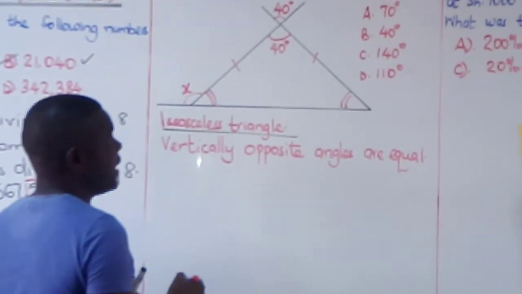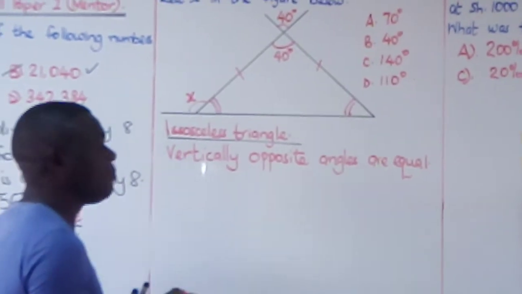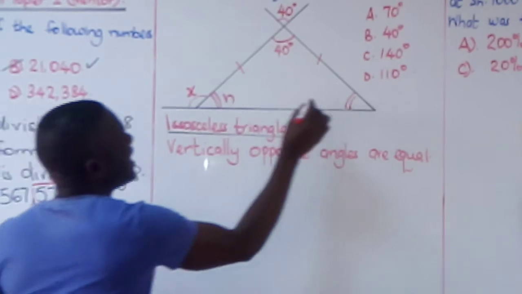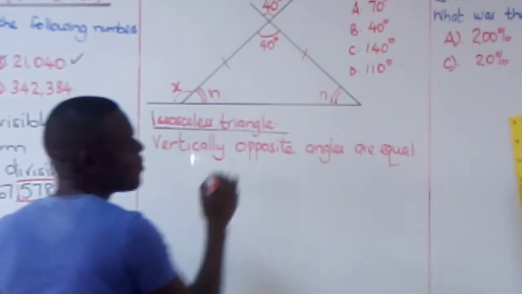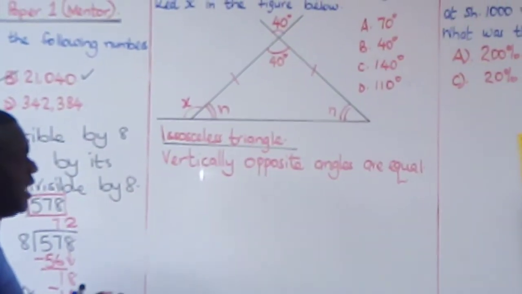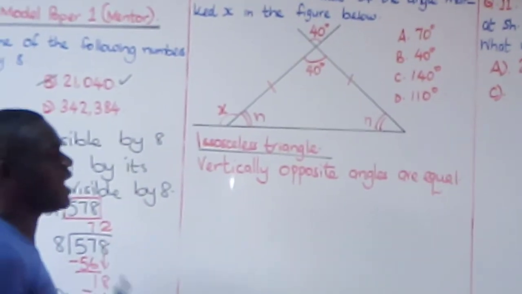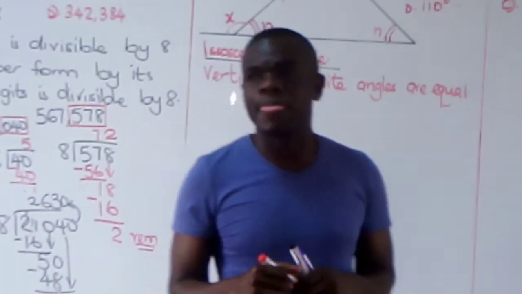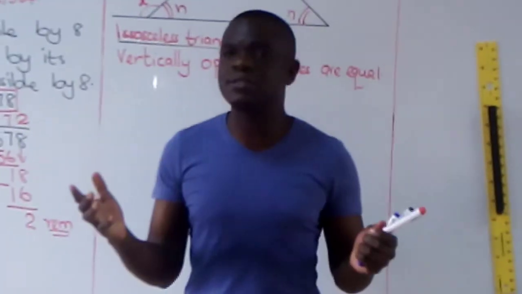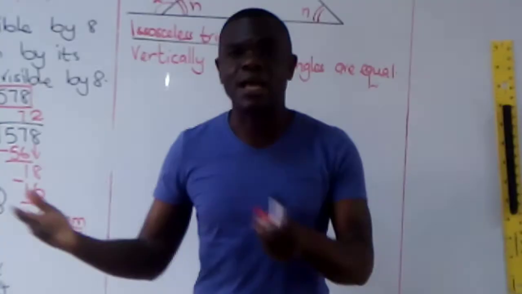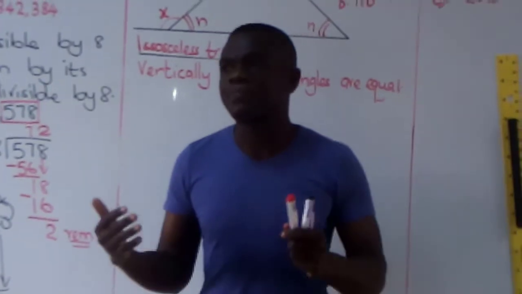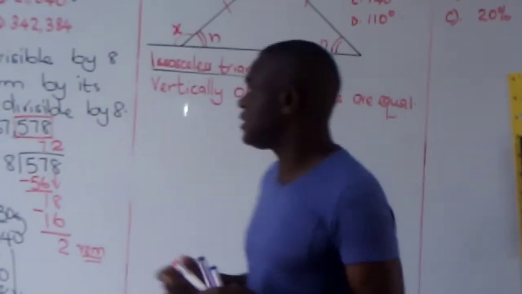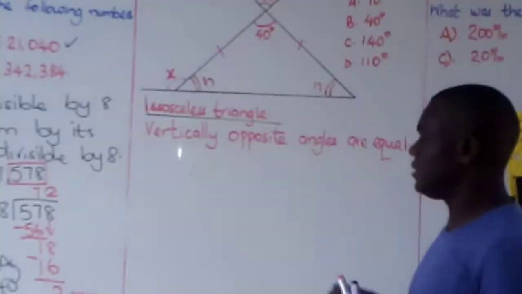And so, if we have to name them, boys and girls, we have to give them n and n. Because they are equal, they are identical. And so they are given similar names. Just like when mom buys clothes for identical twins, she buys similar color, similar pattern or design to fit them. So these angles are twins.